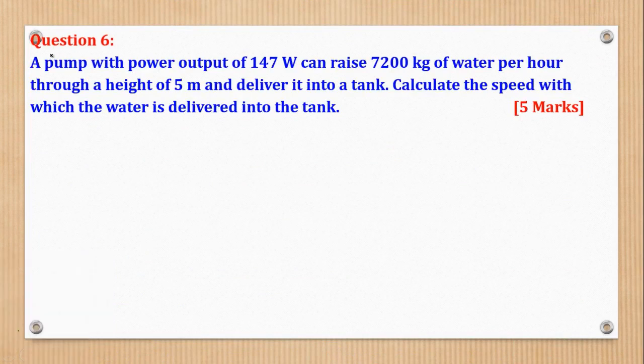Question 6 says, a pump with power output 147 watt can raise 7,200 kilograms of water per hour through a height of 5 meters and deliver it into a tank.